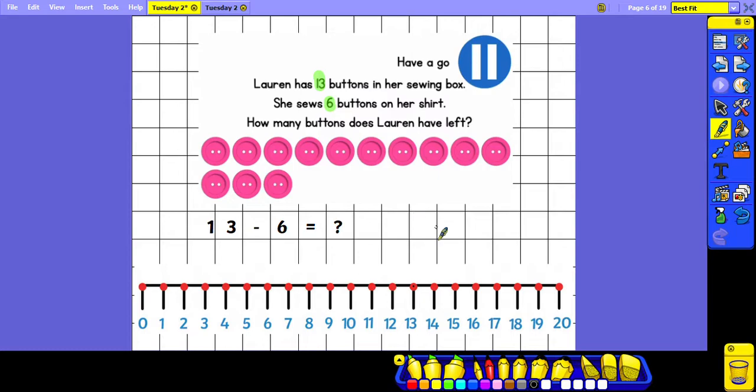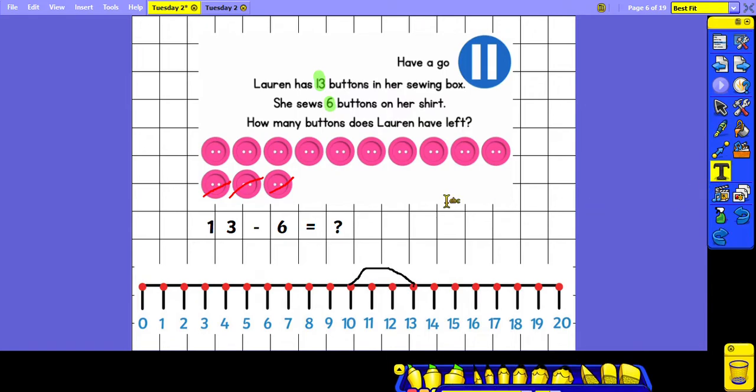To begin with, I just want to get from 13 to 10. So looking at the picture, you can see that to be left with 10 buttons, I just need to take away 3. So I'm doing one big jump from 13 to 10, and I have taken 3 away.